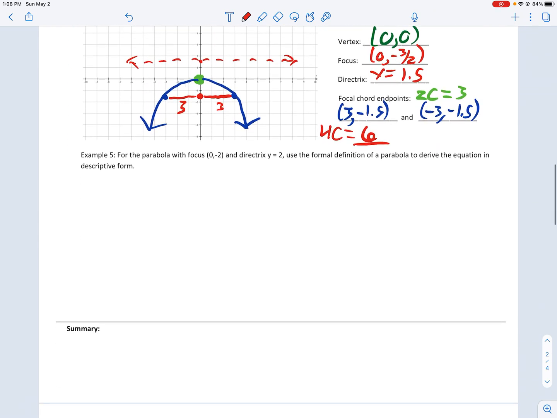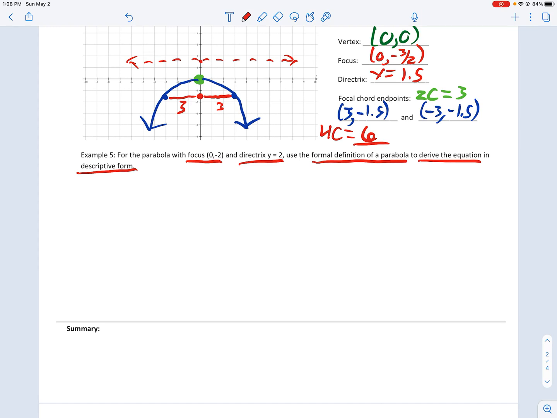So last example. We have a parabola with a focus of 0, negative 2, and a directrix of y equals 2. Use the formal definition of a parabola to derive the equation in standard form. Okay, so the formal definition of a parabola is a set of points that is equidistant from a given point and a given line.